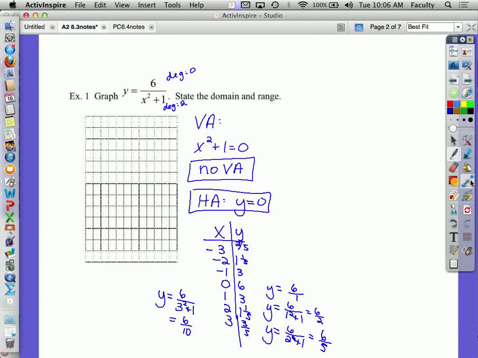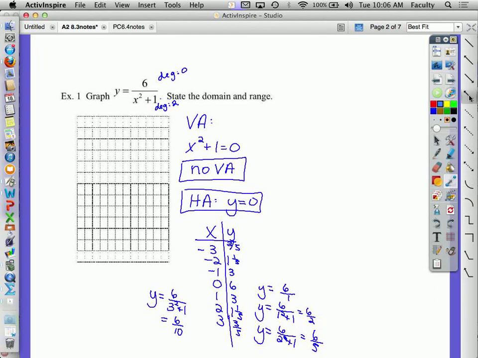So we're ready now to do our grid. I want this in the middle, and I had no negative values, so I can push my x-axis down. Now I have a horizontal asymptote. So don't forget to graph that. And then I'm going to plot my points.